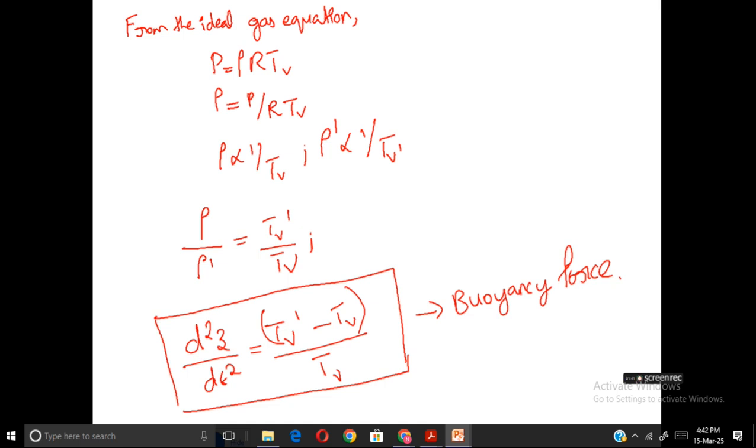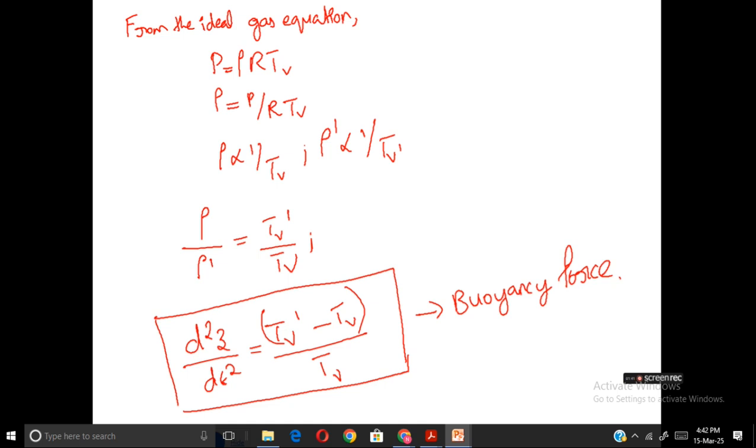So the parcel doesn't have the tendency to rise up in the atmosphere, instead it will stay in its initial position. When the parcel temperature is greater than the surrounding temperature, the parcel will rise, whereas when the parcel temperature, which is TV dash, is less than the surrounding temperature, then it will remain in its initial position.